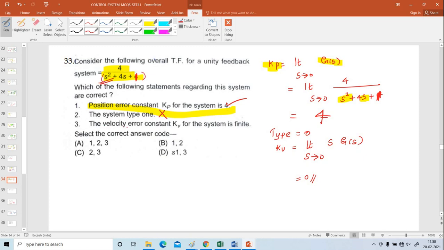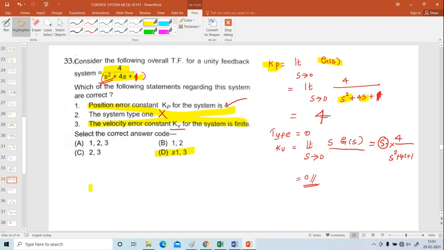And third, the velocity error constant Kv for the system is finite. Kv equals the limit as s tends to 0 of s times G(s), where G(s) is 4 divided by s^2 + 4s + 1. Put s equal to 0, and the remaining term is 0. So the velocity error constant of the system is finite, it's not infinite.